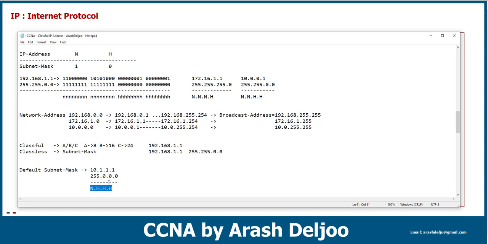When you are using some addresses, for example, in class A, 255.0.0.0, this is the default subnet mask. In class B, 255.255.0.0, for example 172.16.0.0, this is the default subnet mask, because here you have the same condition as classful networks.